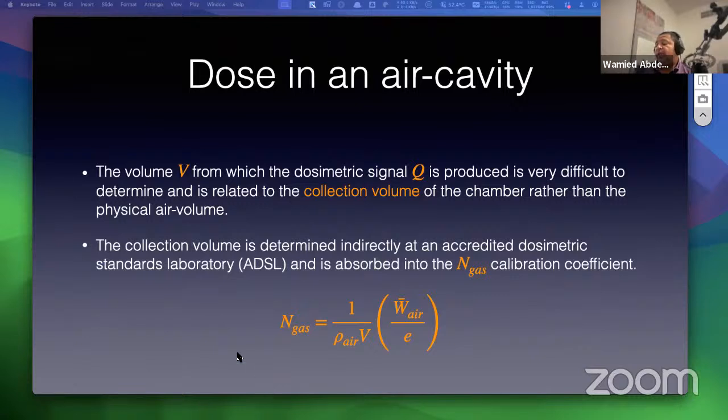But if you had a sealed chamber, you don't need to do this correction. They will give you the N-gas, and it could be used at any temperature and pressure because the mass of air inside the chamber is not going to change.